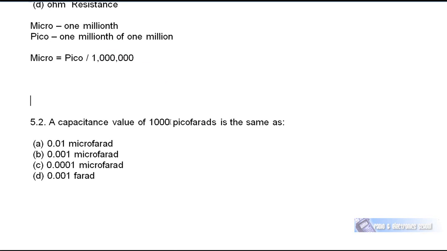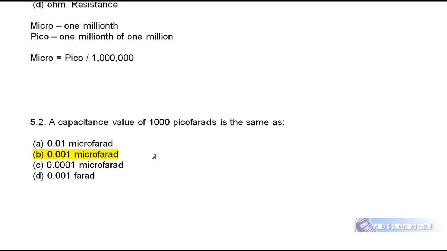So the decimal point is in this position right now where my cursor is clicking, and if I move it 6 places, 1, 2, 3, 4, then we need to put in some zeros, 5, 6. The answer is 0.001 microfarad is equivalent to 1000 picofarads.